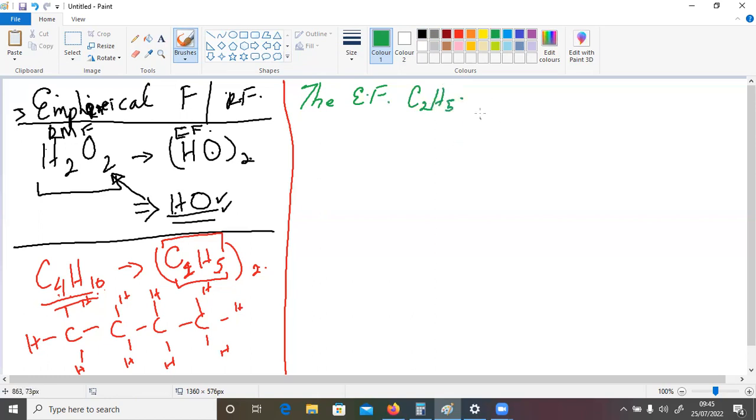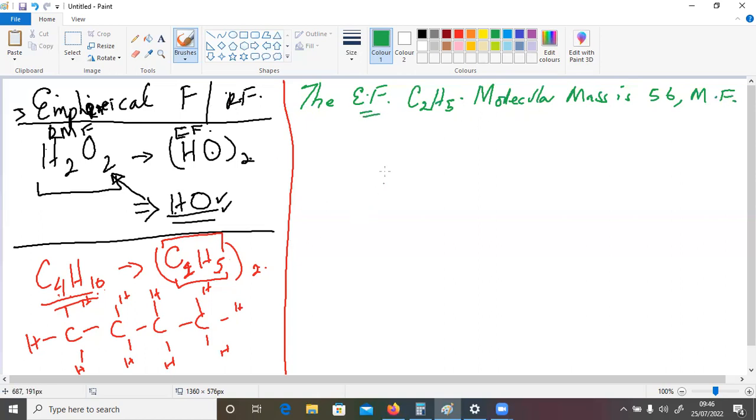If its molecular mass is 56, find its molecular formula. So we have the molecular formula on one side and then the empirical formula.